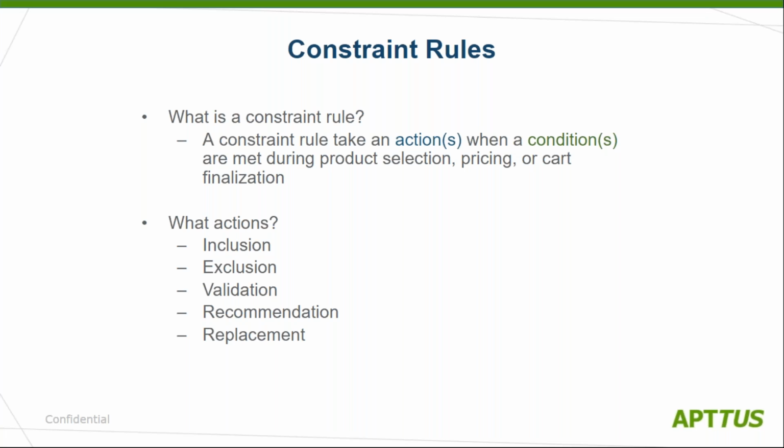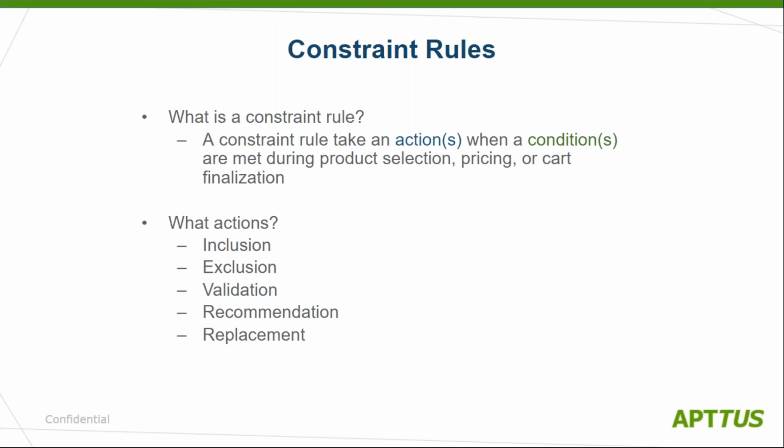With a constraint rule, whenever a condition is met during product selection, or whenever we are pricing the cart, clicking the reprice button, going to pricing, or clicking the finalize button, whatever action we are taking, we can trigger a rule on the click of that action.